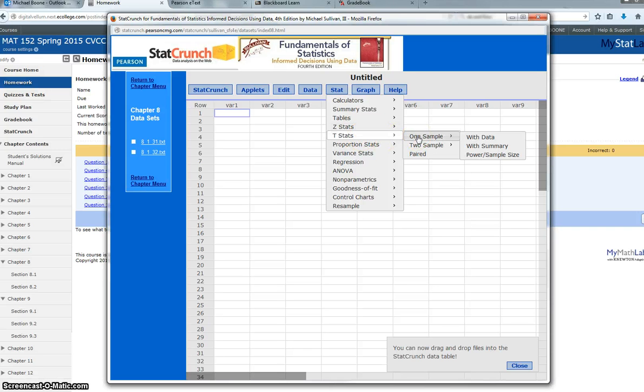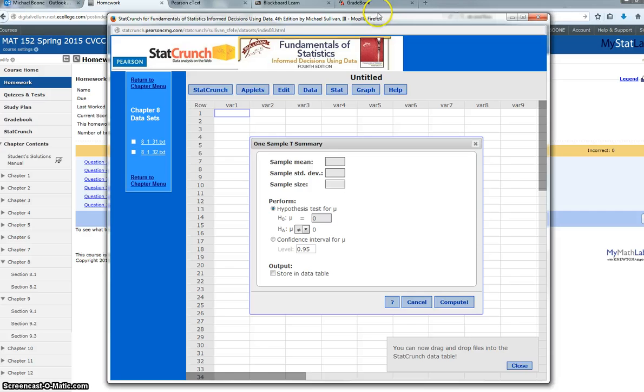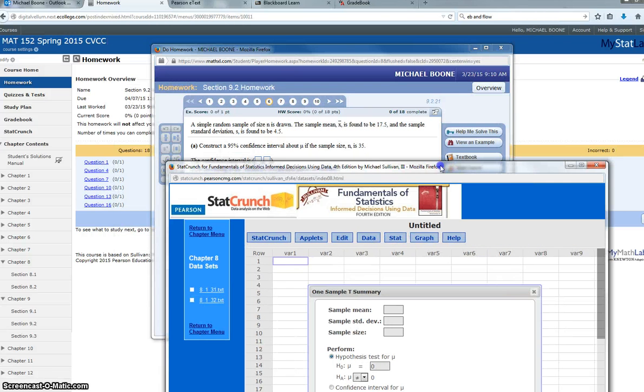Again, in this section we're just dealing with one sample, and let's say we have a summary of the data. So they told us the sample mean is 17.5, the sample standard deviation is 4.5, and then the sample size is 35.